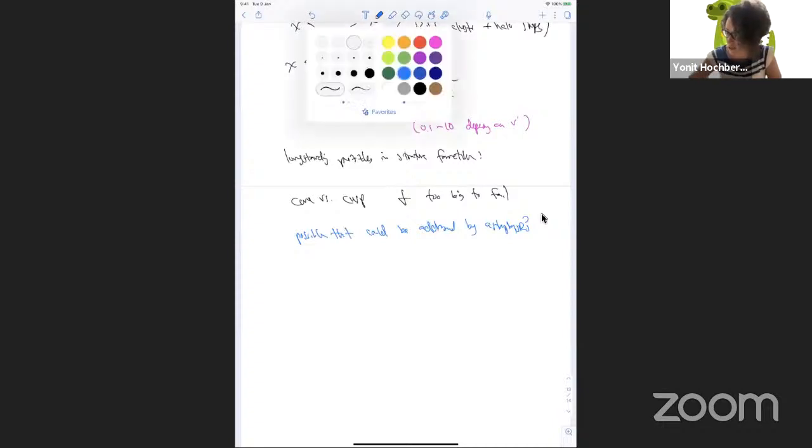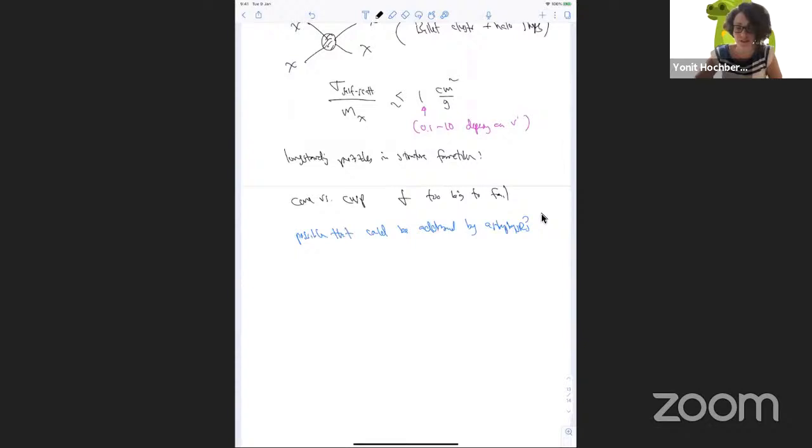But it's also been shown that strong self-interactions could assist in resolving these puzzles. Self-interactions of order exactly this 1 centimeter squared per gram could assist. And this number, by the way, in particle physics units, is around 100 barn per MeV.